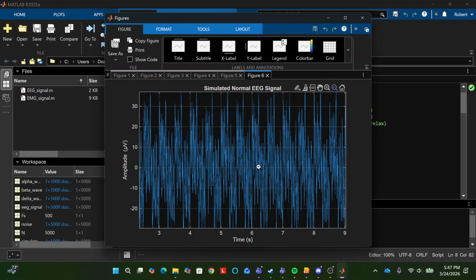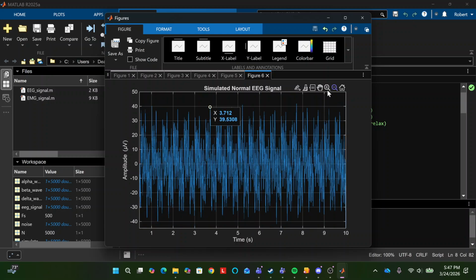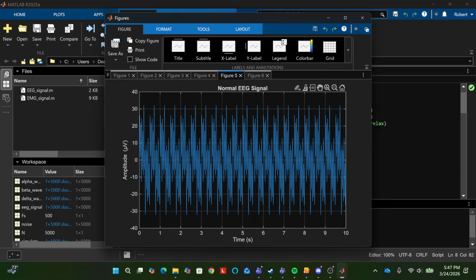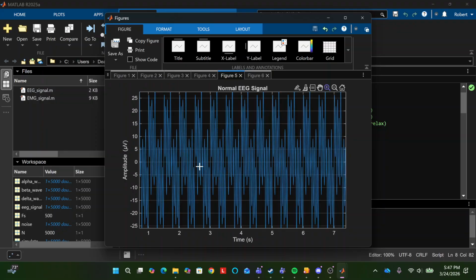We can actually zoom out. But if we zoom in on areas, you can see that there is noise on these signals. Unlike here, where if we zoom in on it, it's clean. We can see the actual changing among these waves that we're combining.